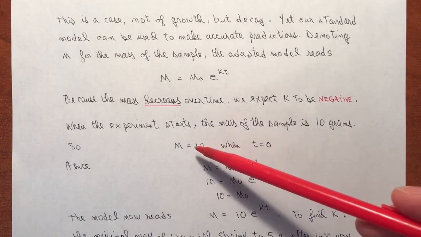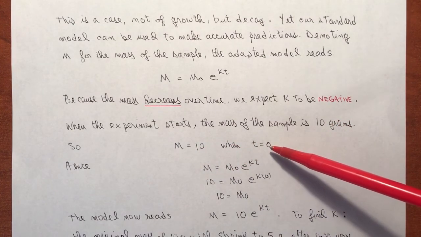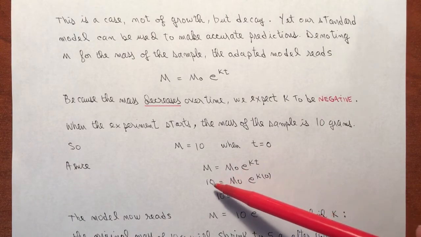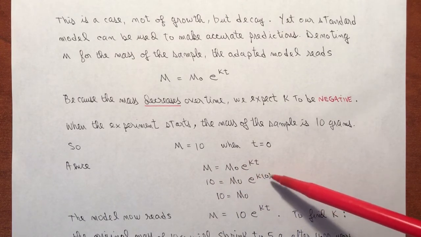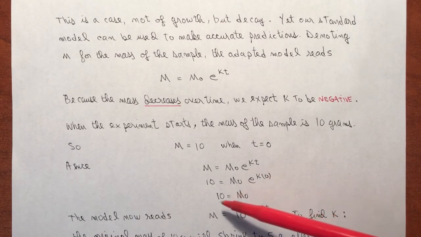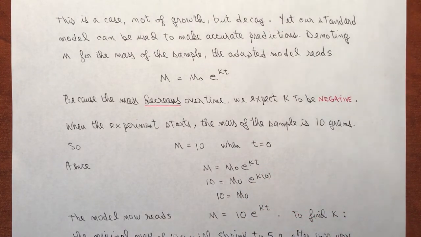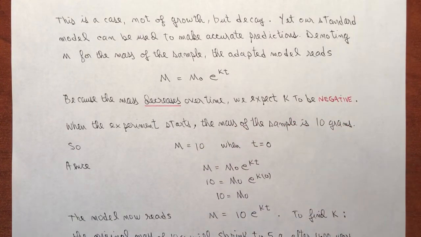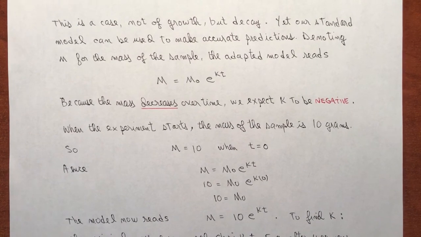So, when the experiment starts, we have a mass of 10. That means that m is equal to 10 when t is 0. Meaning that if m is equal to m0 e to the kt, then 10 is equal to m0 e to the k times 0. Again, e to the 0 is 1, so the initial mass is 10. We didn't really need to do all this because we knew that m0 at time 0 was given to be 10. So the model now reads m equals 10 e to the kt.